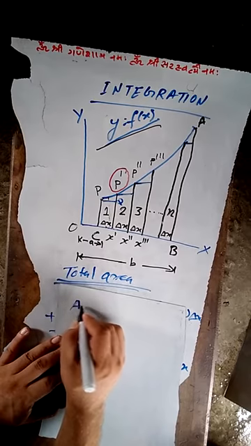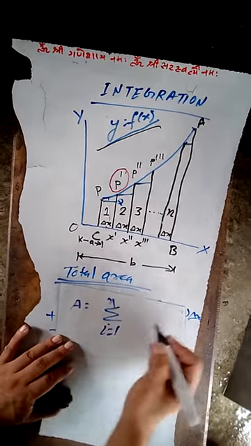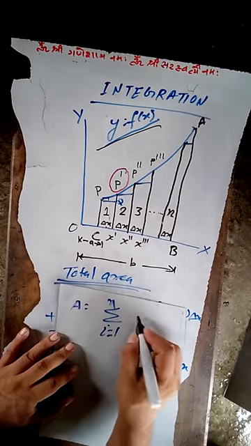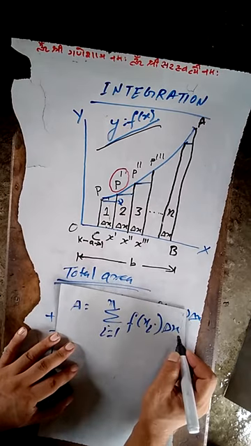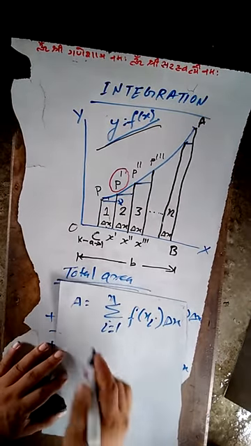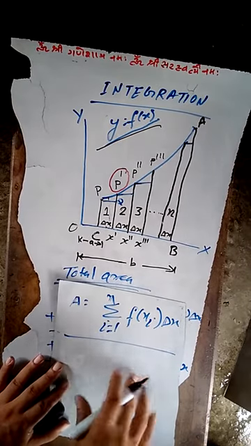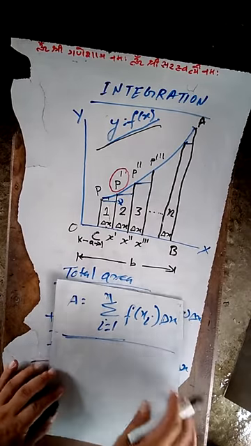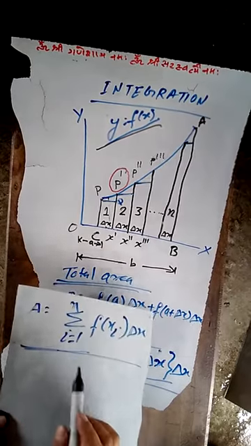In the form of sigma you can write sigma i equals 1 to n, f(x_i) delta x. You know how to write in the form of sigma. So this expanded form we have written in the summation form.